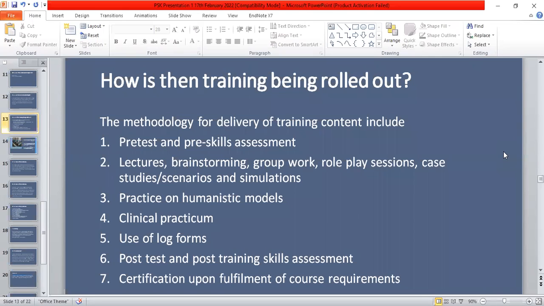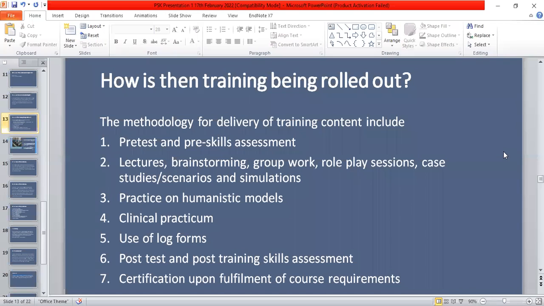And then the use of log forms. So there are logs that are going to be used to assess trained pharmacists. And these logs have tables that are going to be filled for every procedure or every administration of contraceptive methods that you're going to do in a facility.